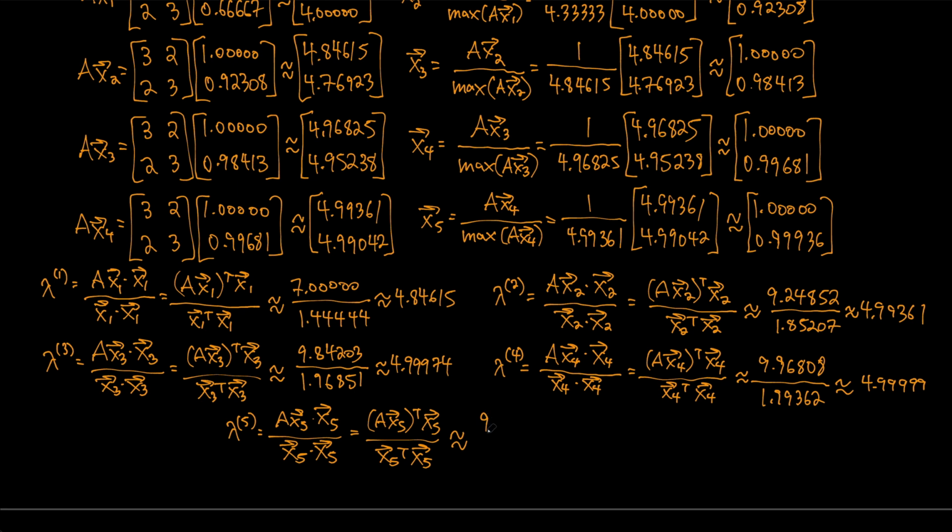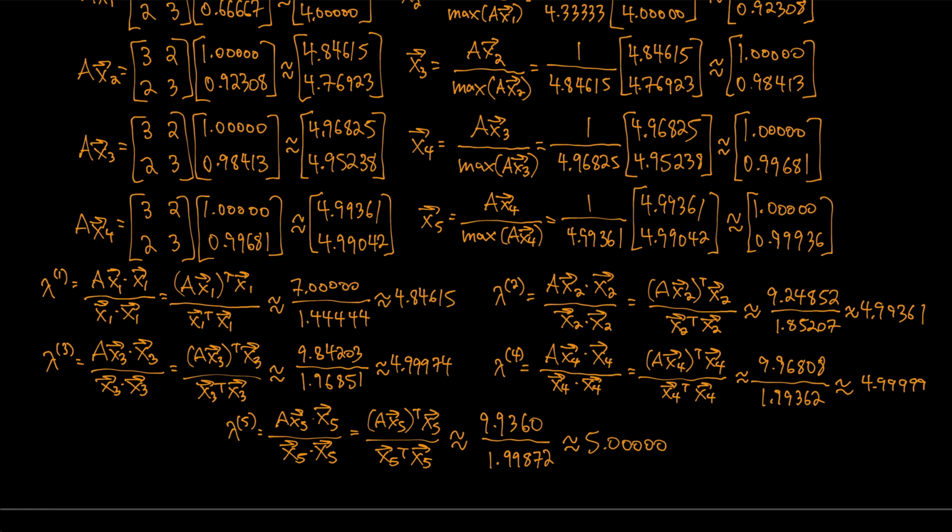It ends up being about 9.9360 over 1.99872, which is about 5 on the dot, up to 5 decimal places.